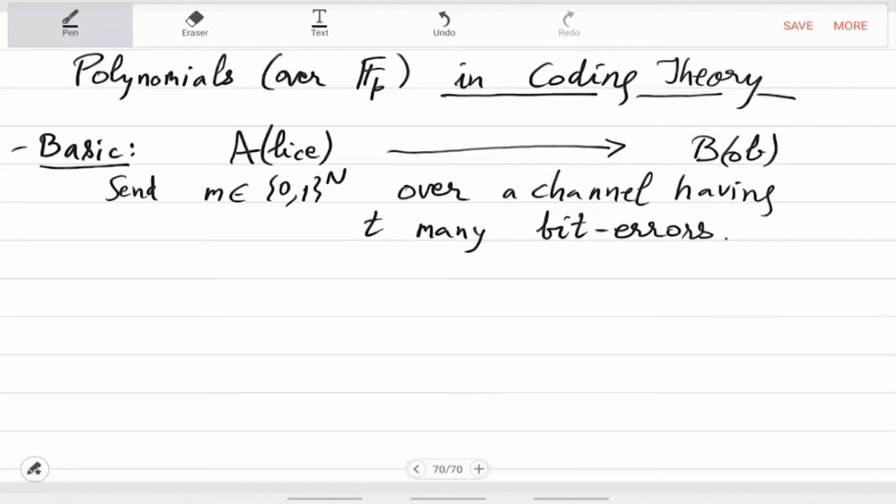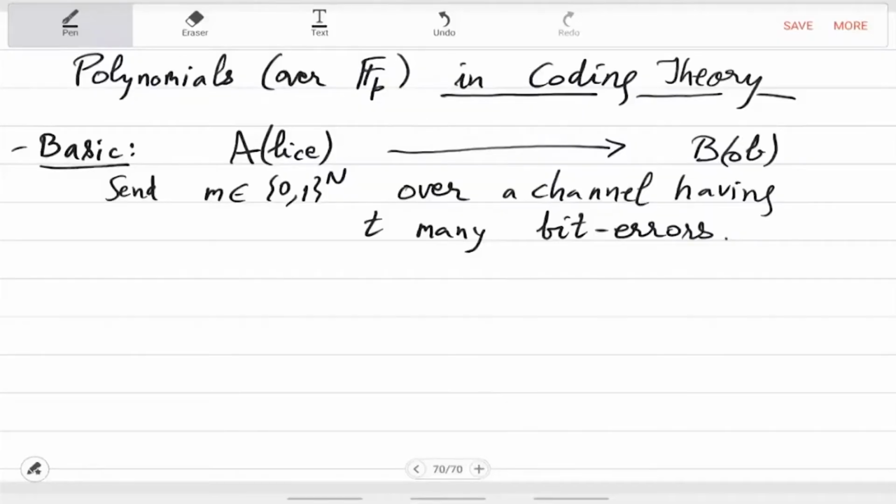If she just sends these n bits, the message as plain text, then even if a single bit gets corrupted, it will be useless for Bob, and Bob will not be able to find out which bit is corrupted. Of course, the location will also be unknown. If it was English text, then Bob can do some error correction by intuition.